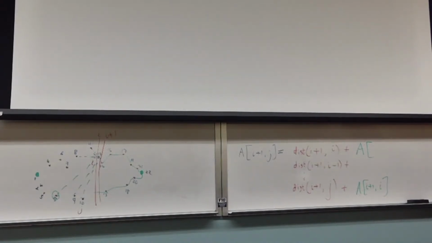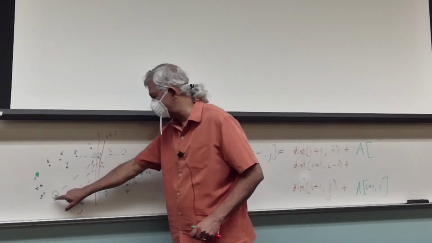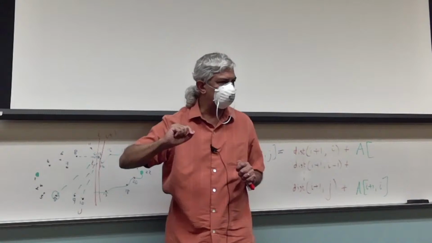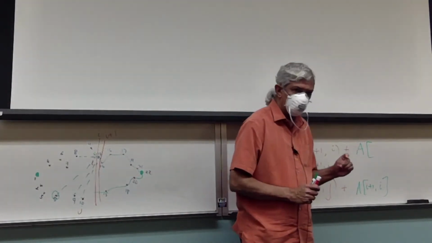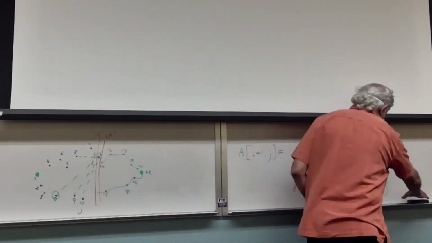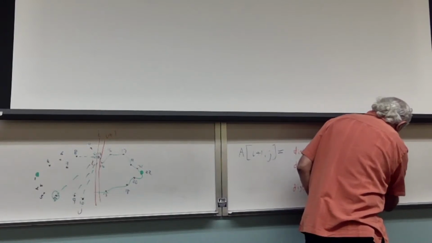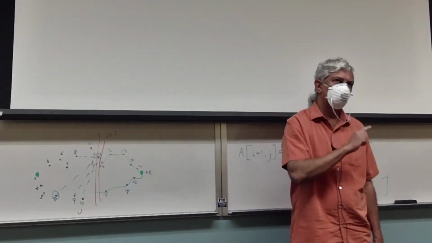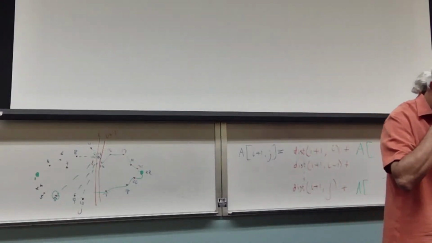Because I have now connected I plus 1 to J. Let's call that J. Everything else should be on the other path. Oh, no. That's not right. That doesn't make any sense. Sorry, I'm so sorry. No, I had it right. Looks like I had it right. So I'm going to have AI, AJ, but I don't know whether to add it to this or to that.